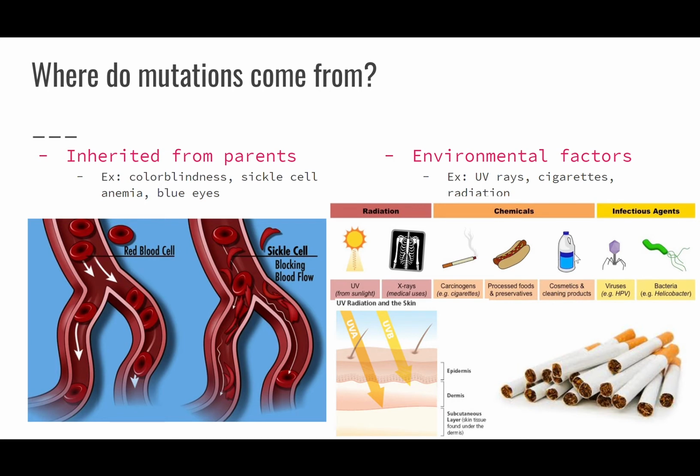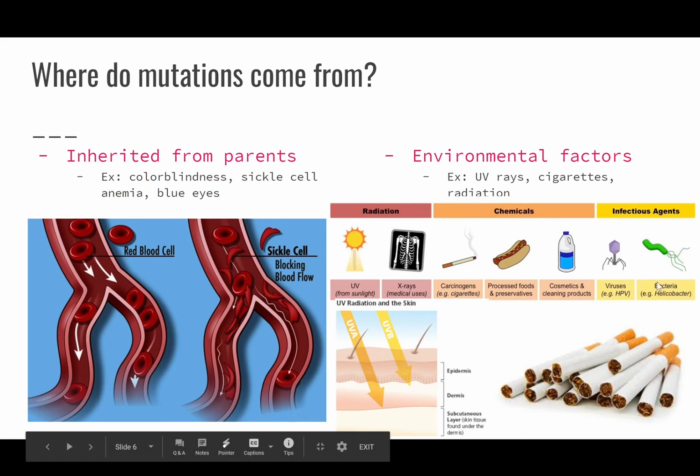These chemicals, when they come in contact with the body, can induce these mutations in the DNA. And then we also have infectious agents. So the damage done by viruses or bacteria to your cells could also cause mutations. So those are some of the causes.